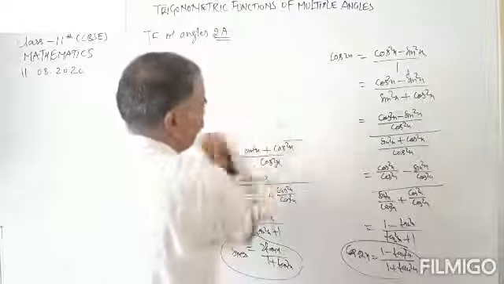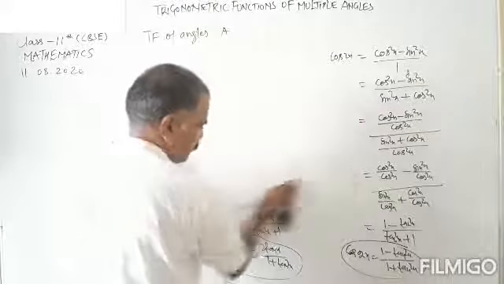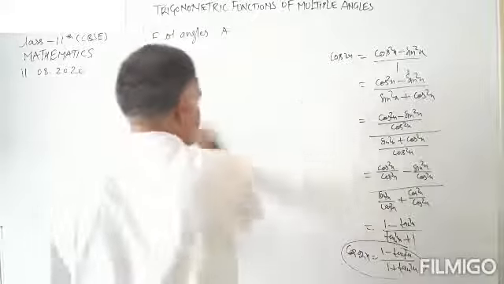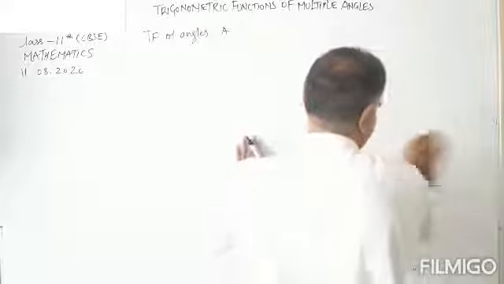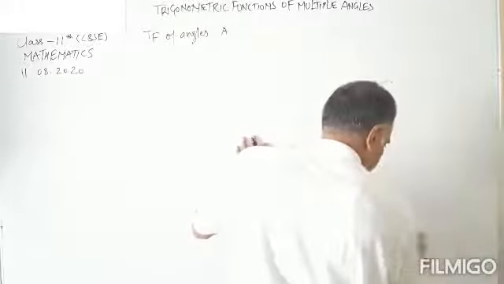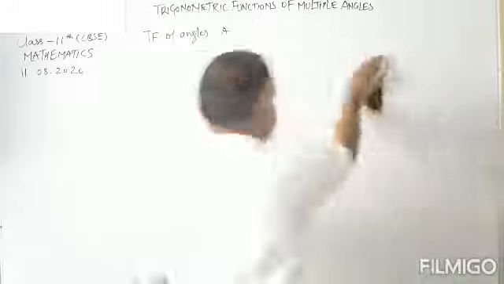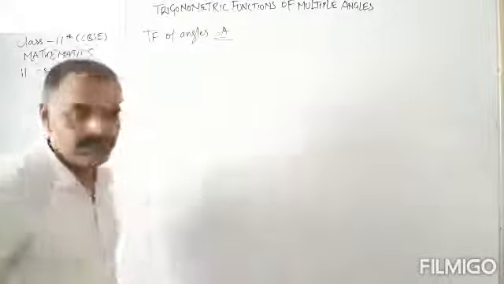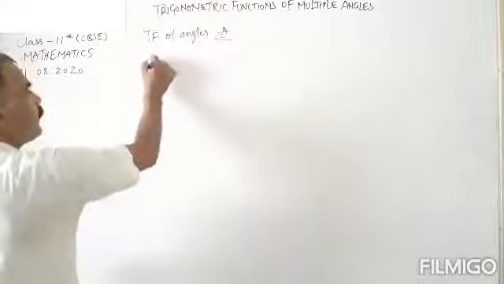Let us take 3 times the angle A, that is sin 3x, cos 3x, tan 3x, etc. So 3A, 3 times the angle, sin 3x.